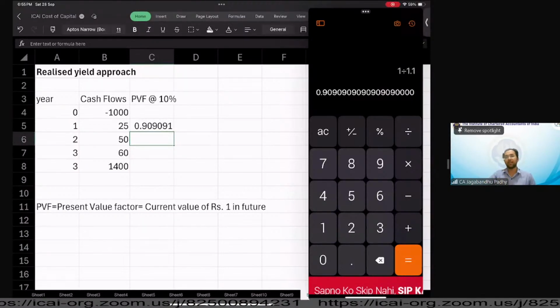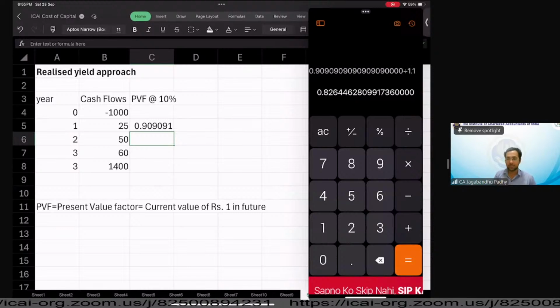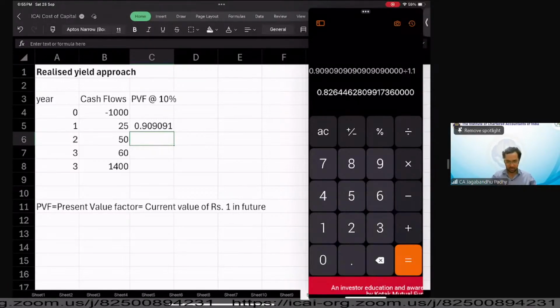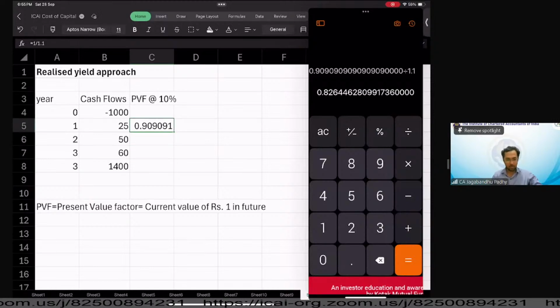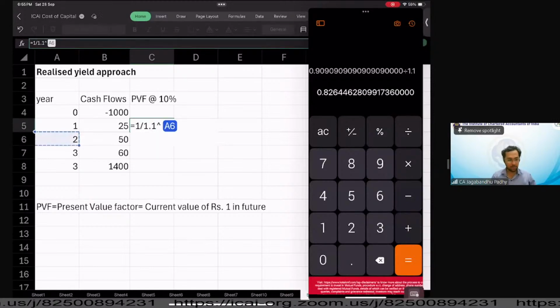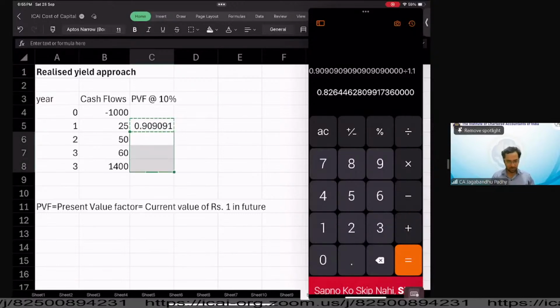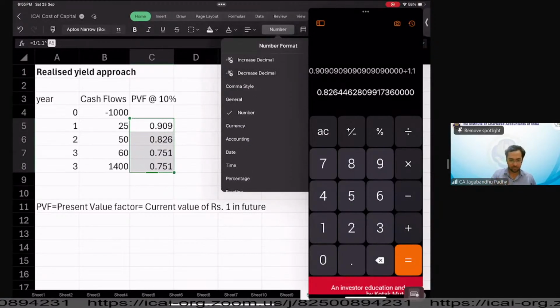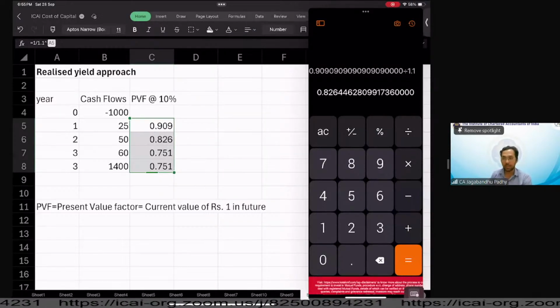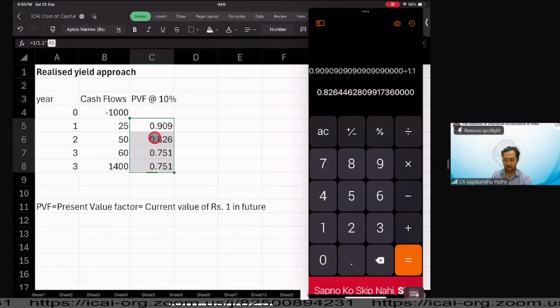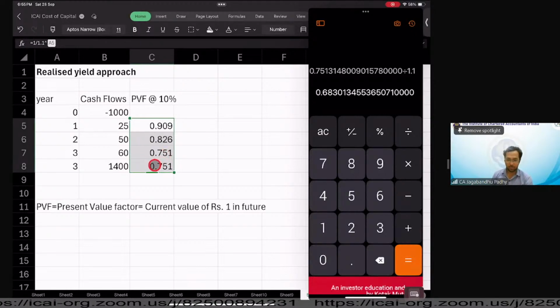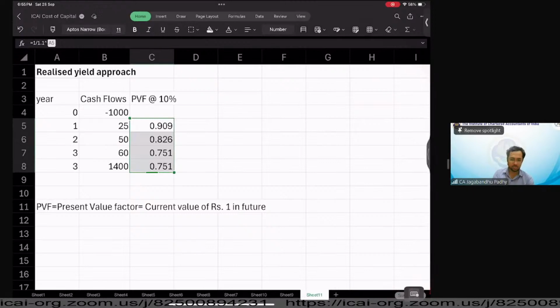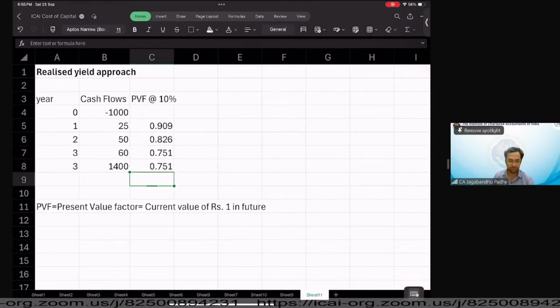For the second year, you press equal to again. Here it is 1 divided by 1.1 to the power of number of years. You get 0.826. Again, you press equal to, you get 0.751. Again, you get 0.683. But 0.683 is not needed because we are looking at only 3 years.